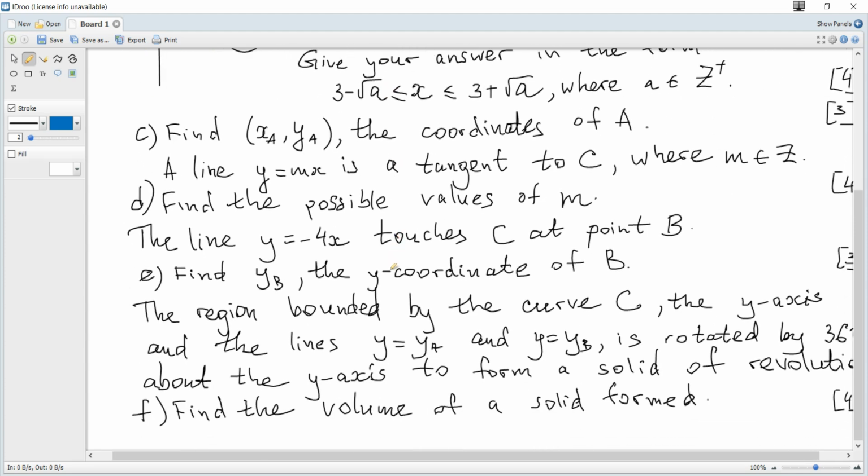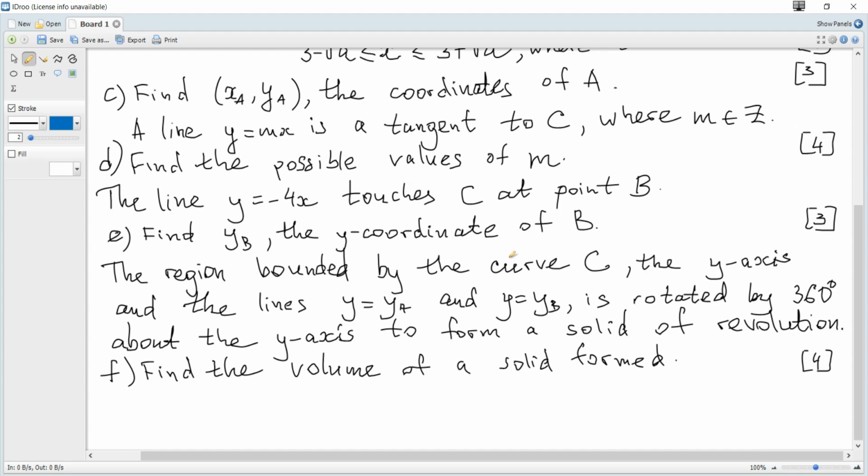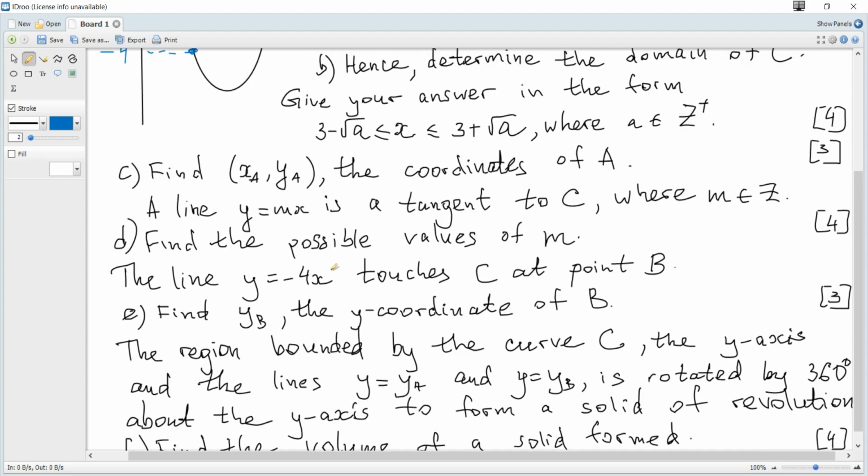The next part: the region bounded by the curve C, the y-axis and the lines y is yA and y is yB is rotated by 360 degrees about the y-axis to form a solid of revolution. Find the volume of the solid formed.